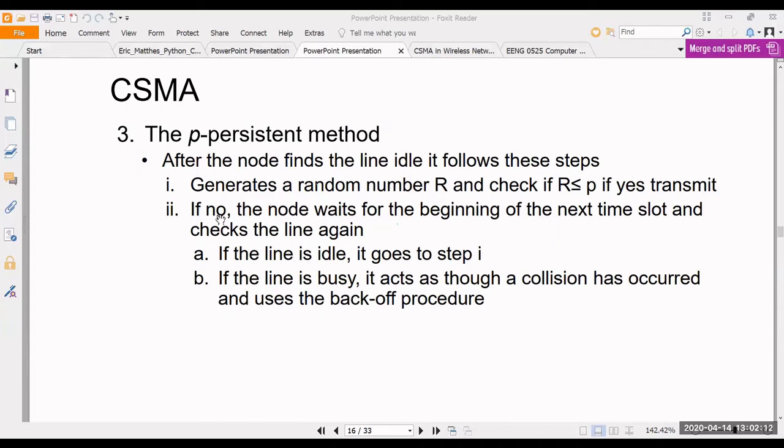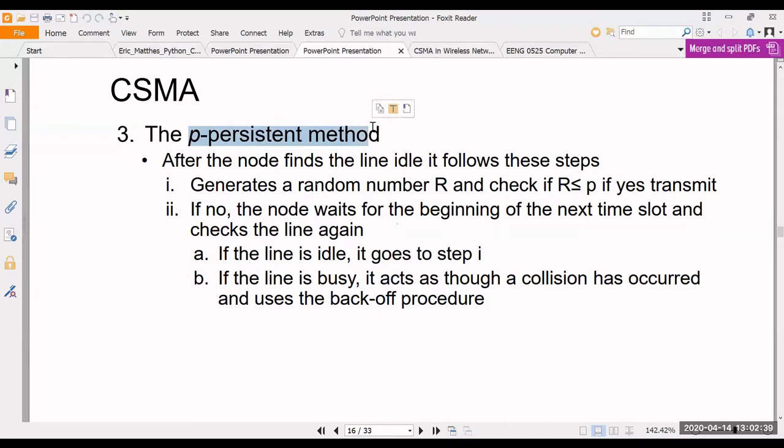When I highlight this, do you see? What we are talking about is the P persistent method, a certain P persistent. There's the P here. I'm sure the P is with reference to the kind of persistent method here, so I'm sure it's a fixed value.